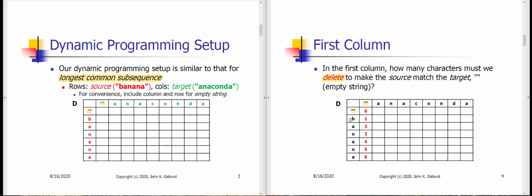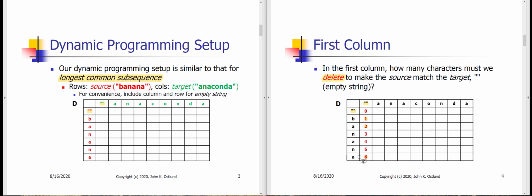On the other hand, if the source string prefix has a B in it, then in order for that to be transformed into the empty string, we would have to delete the B, so that's one deletion operation. Similarly, if we have BA, we're going to have to delete 2 characters to transform that into the empty string, and so forth.